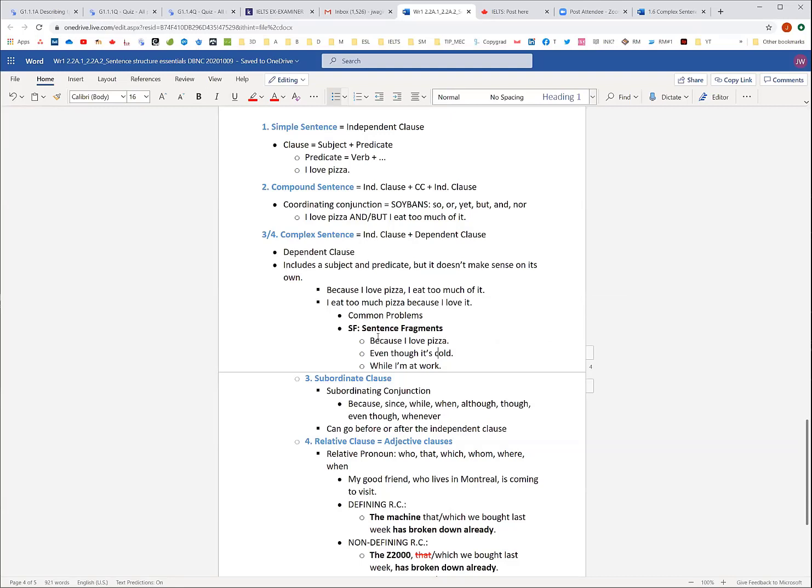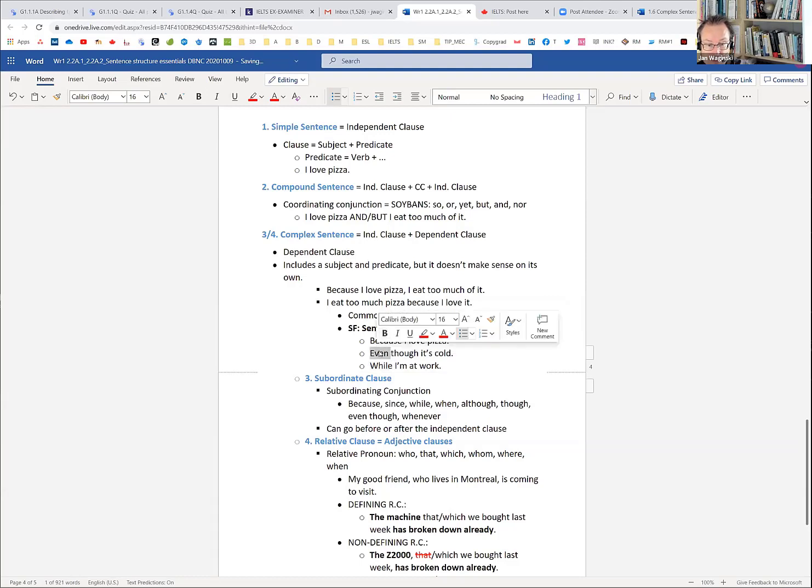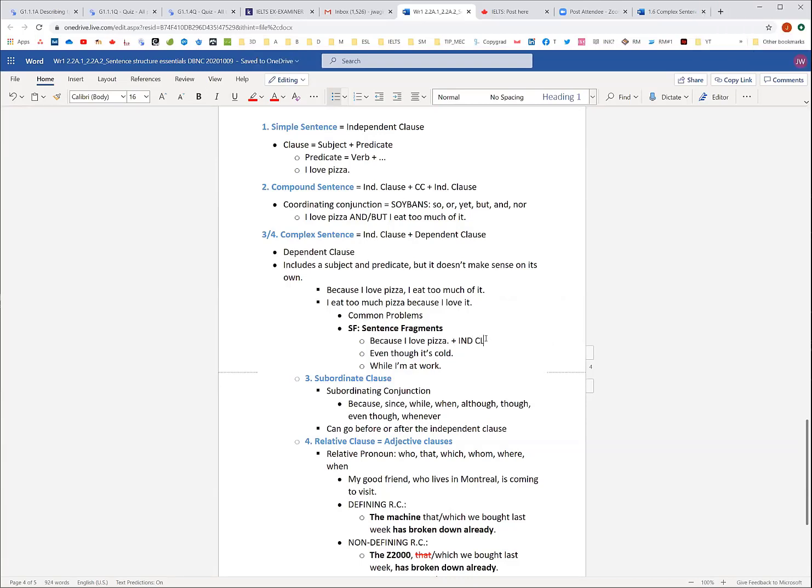If it weren't for the subordinate conjunction at the beginning. As soon as you put one of these words in front of an independent clause, it stops being an independent clause and it becomes a dependent clause. So all we're missing here is an independent clause in all of these cases. So if you don't have an independent clause, you've got a fragment.